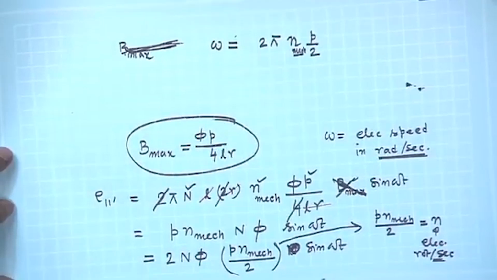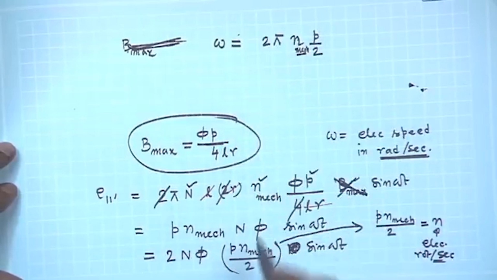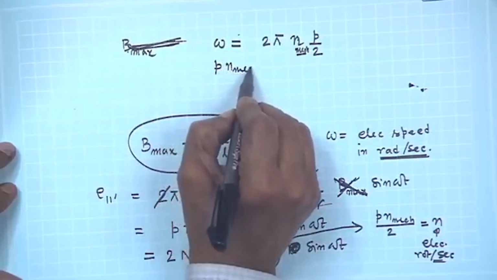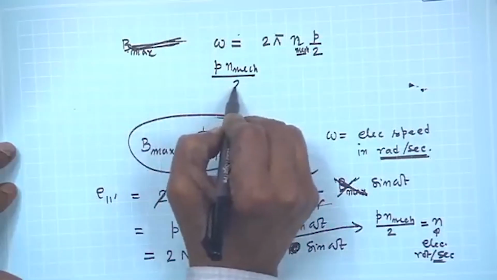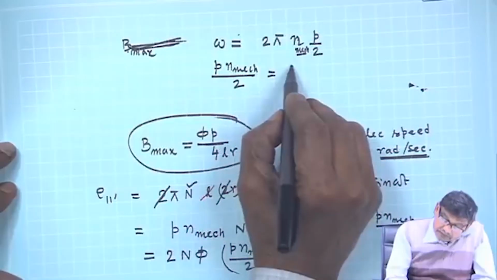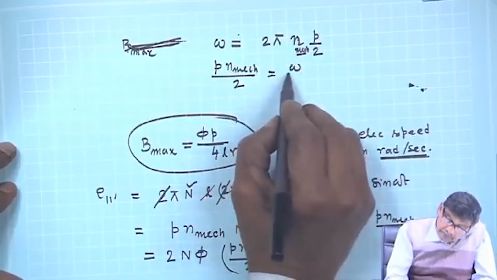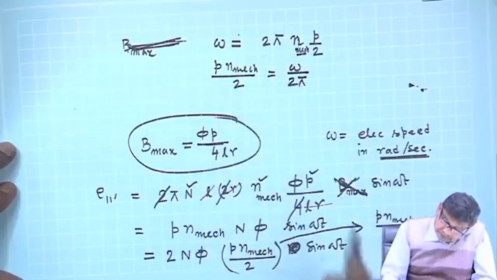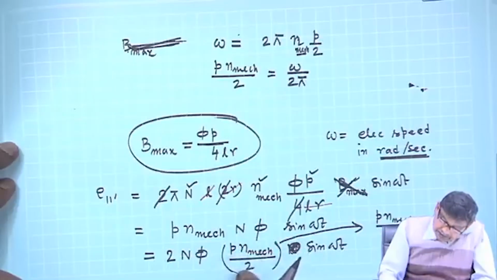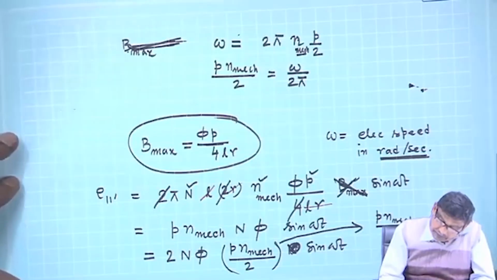Therefore, P n mechanical by 2 is nothing but what? Omega by 2 pi, is it? P n mechanical by 2 is omega by 2 pi.